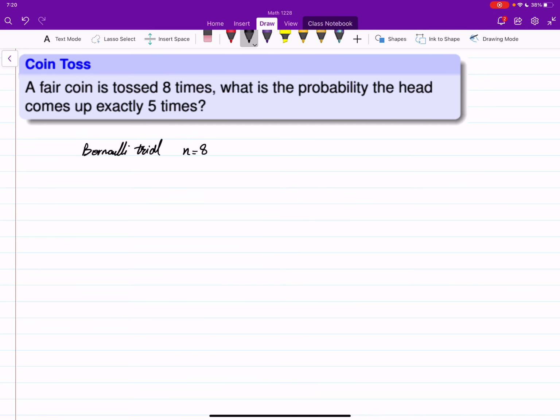And there's our independence, and we have success here as head comes up, and the probability of success, which we denote by P, is 1/2. Probability of failure is 1 minus 1/2, which is 1/2 as well.